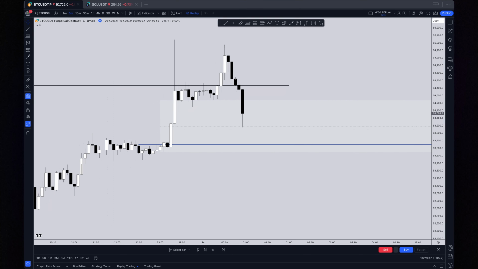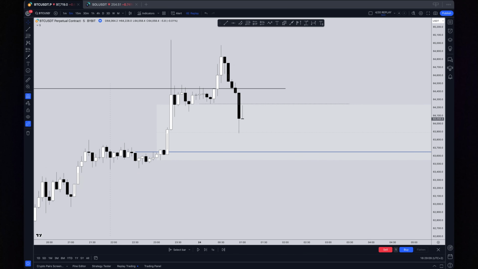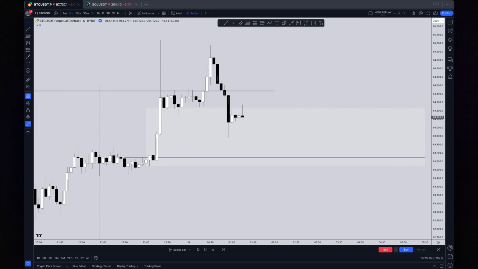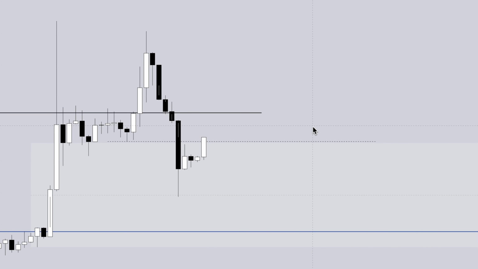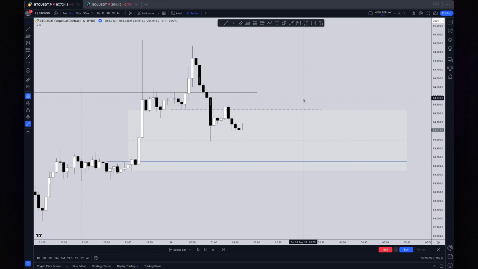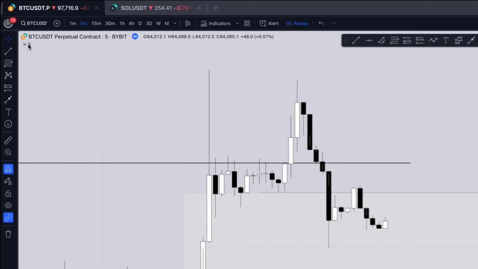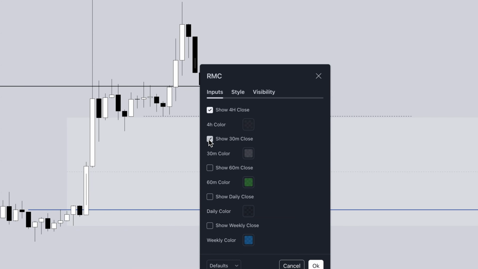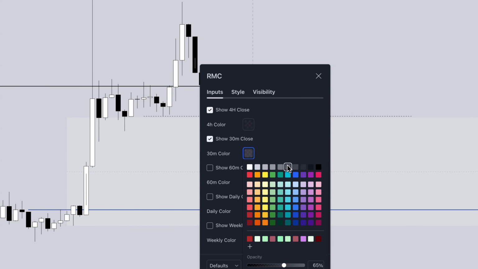And so we go to the 5 minutes. That's a nice spike down that sweeps, forms a swing. Moves up, but it has to close through here for me to even be interested in this. Let's check. Also show the 30-minute close.